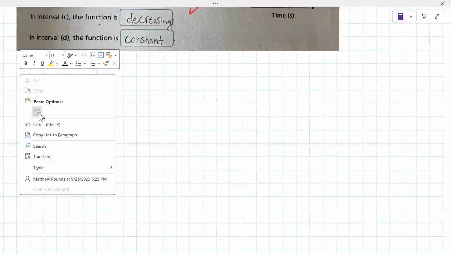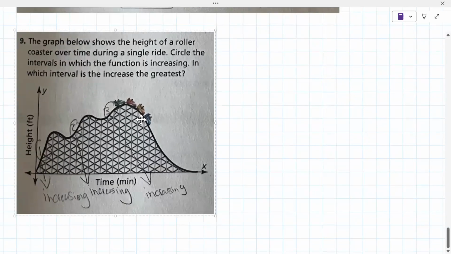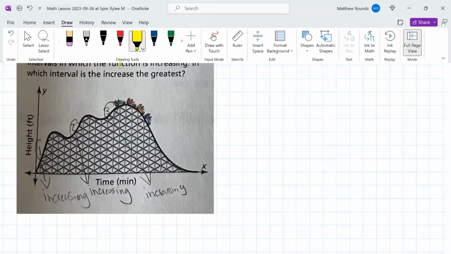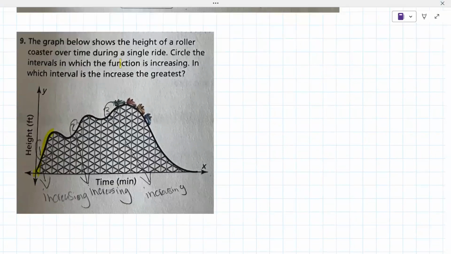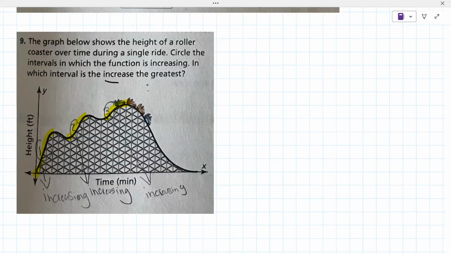But it asks another little thing here. It says figure out where it's increasing, circle where it's increasing. I think highlighting is a good answer here too. It's all of this, all of this, all of this to the top. And where is it increasing the fastest or the greatest? I don't know if you've ever been hiking, but there are hikes that are like this, and maybe like that.